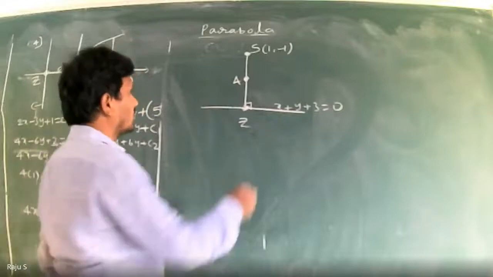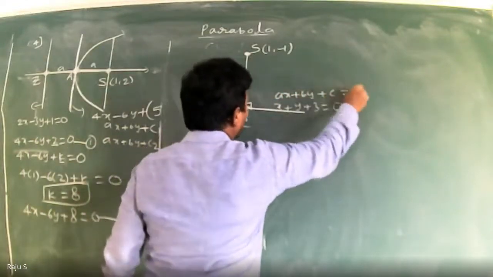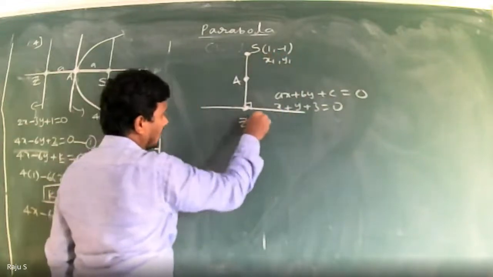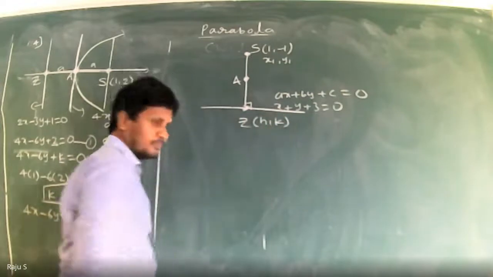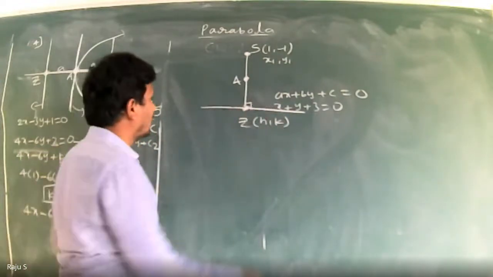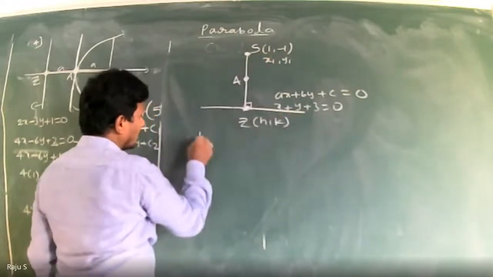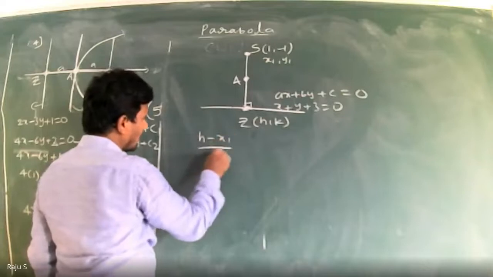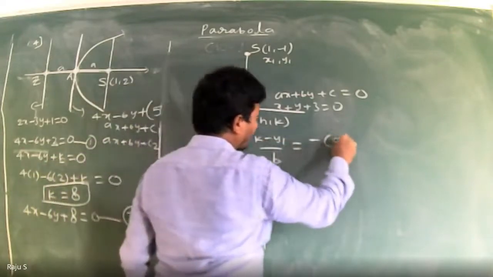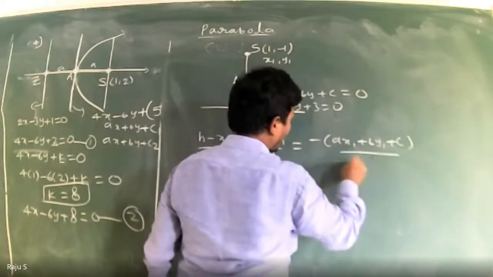Super. The given line is compared with ax plus by plus c is equal to 0, and the given point you can take as x1, y1. To find Z, take h comma k, the foot of the perpendicular. The formula is h minus x1 by a is equal to k minus y1 by b, which is equal to minus of a x1 plus b y1 plus c by a square plus b square.